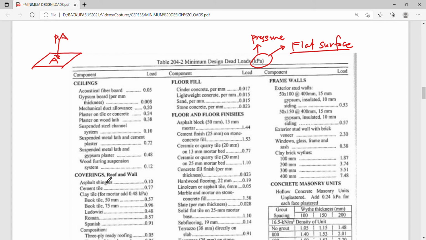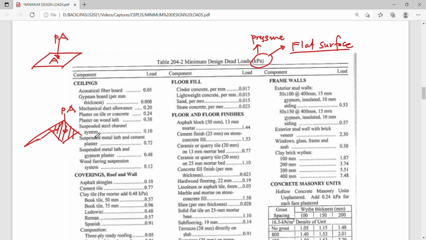So covering of roof, so we know that roof also requires a surface area like this. So if the roof is defined in a manner like this, then this is again a flat surface area upon which if you know the unit weight times the area, again this is simply a force P times A. Of course, the distribution later may be assumed to be concentrated or uniformly distributed on a projection of the area.